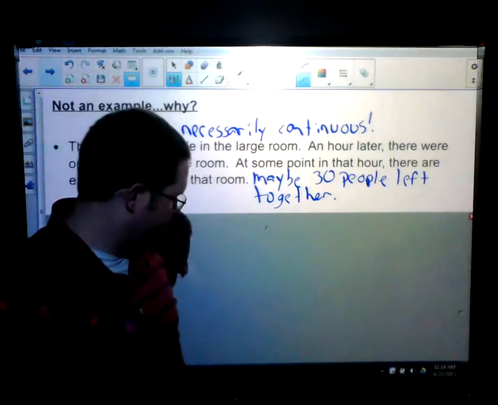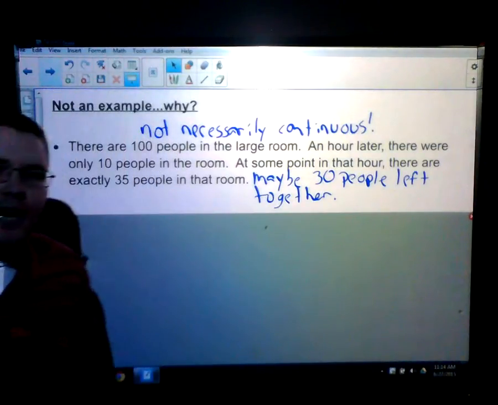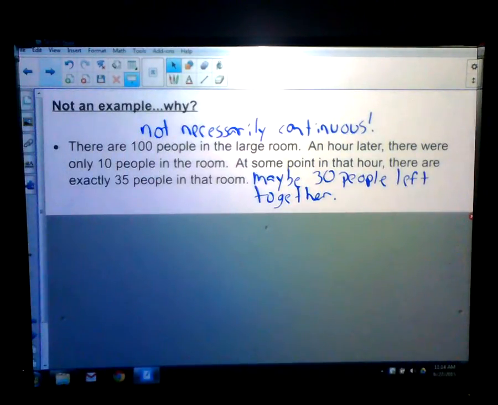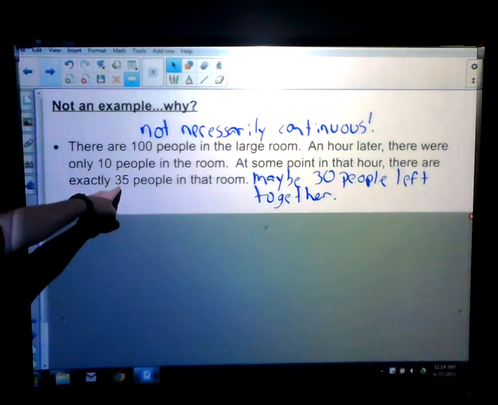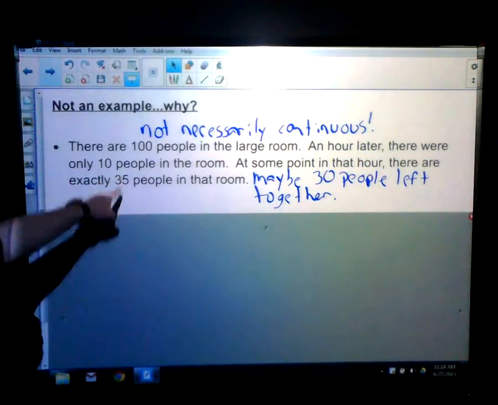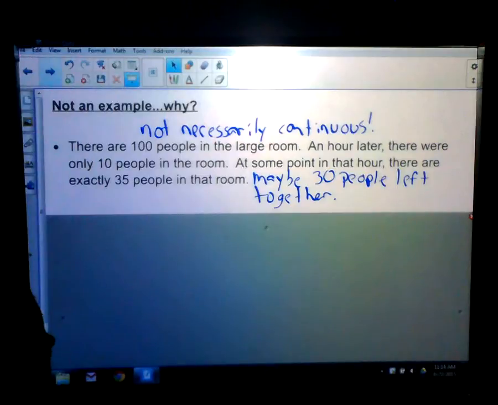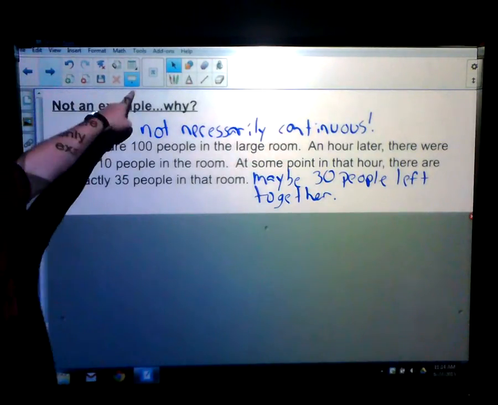That's possible. You don't have to leave one person at a time. People can leave together. So it's possible to go from 40 people, and then 30 people leave at once, and you have 10 people. So there, at no point in time was there 35. It's not continuous. If it's not continuous, the intermediate value theorem does not have to apply.